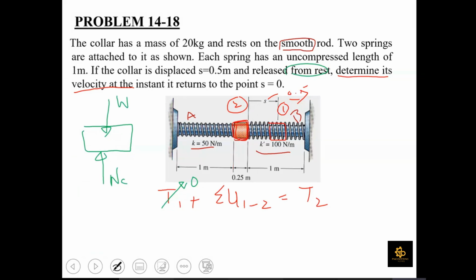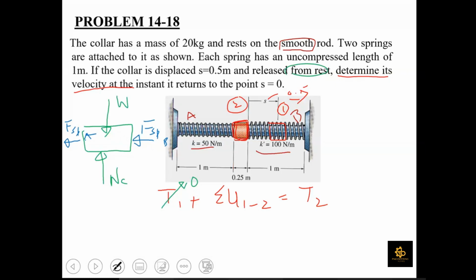Between position 1 and 2, is there any other force which would be acting on this collar? What about the spring forces? Spring force F spring A as well as spring force F spring B would be acting in the directions as shown to you between position 1 and 2.